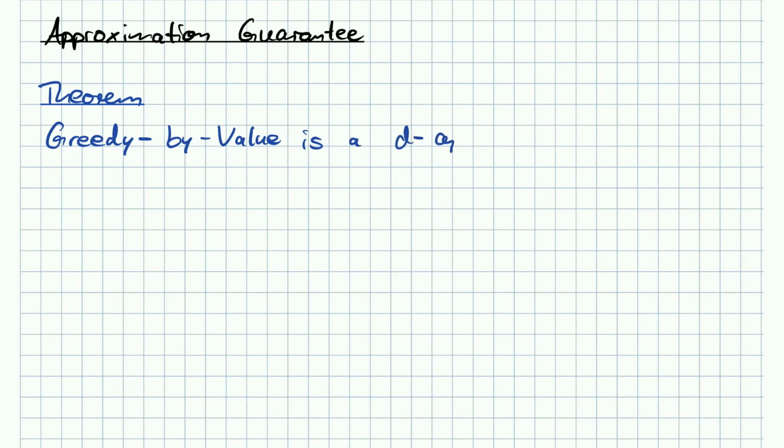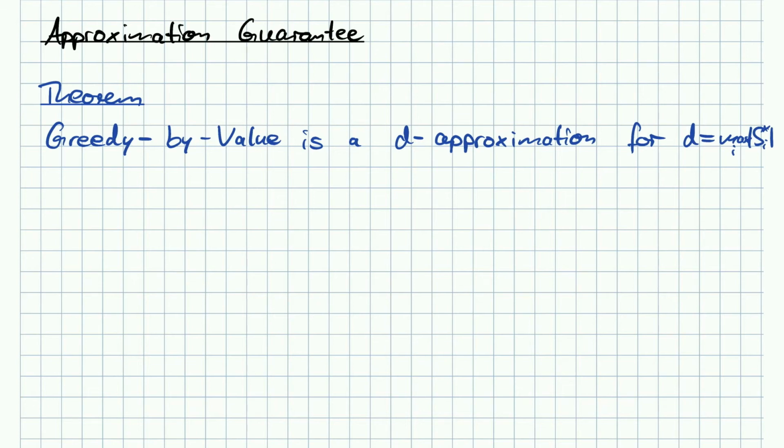And what we're claiming is the following, that greedy by value is a d-approximation, where d denotes the maximum cardinality of these desired sets S_i star. Good. How do we show such a thing?